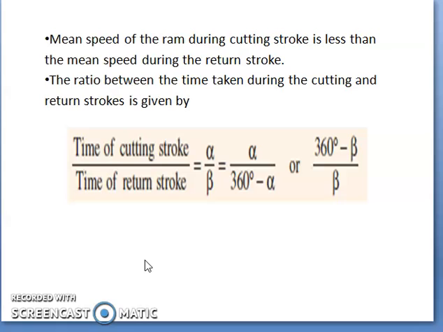So the mean speed of the ram during the cutting stroke is less than the mean speed during the return stroke. The ratio between the time taken during the cutting stroke and the return stroke is given by time of the cutting stroke divided by time of the return stroke, which is equal to alpha by beta, or alpha divided by 360 minus alpha.